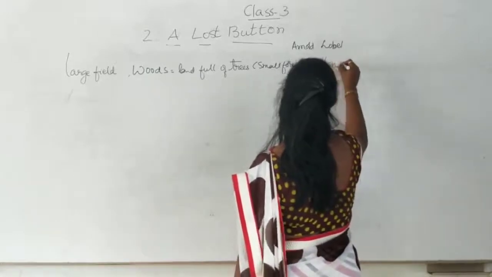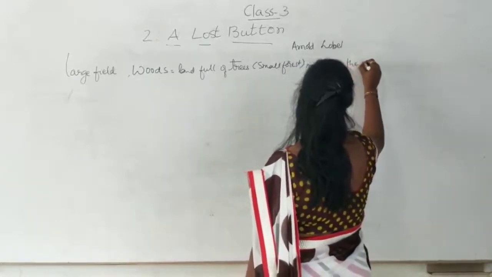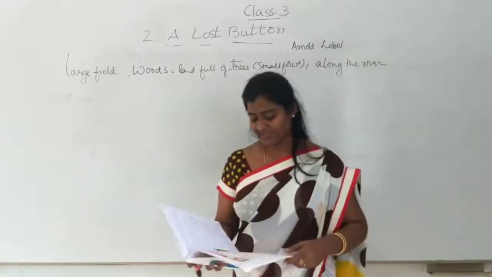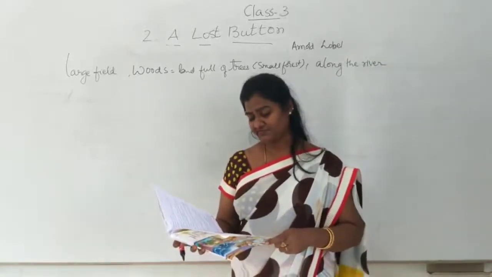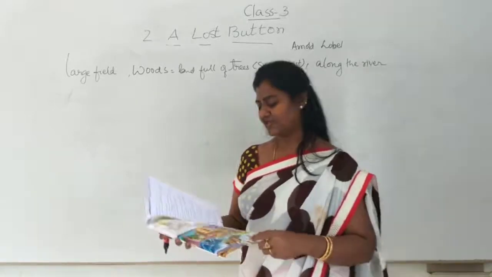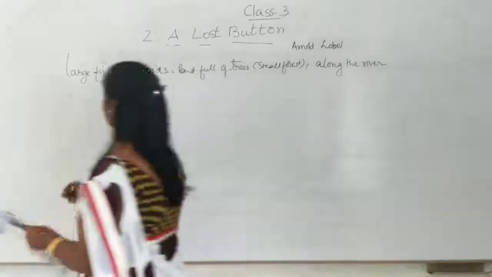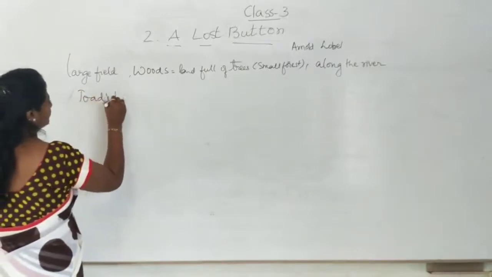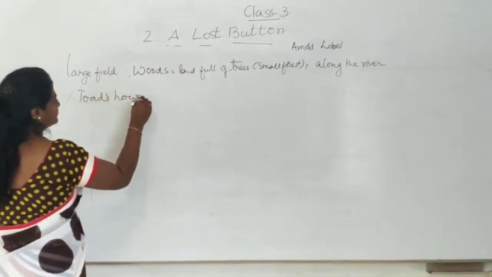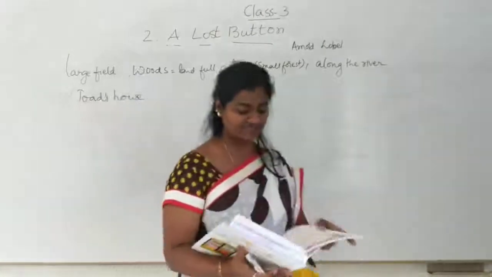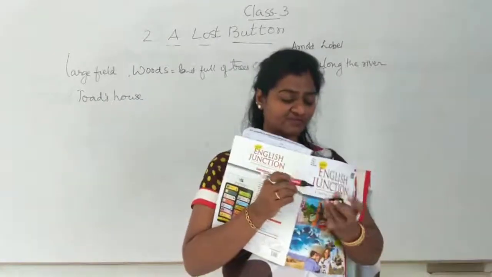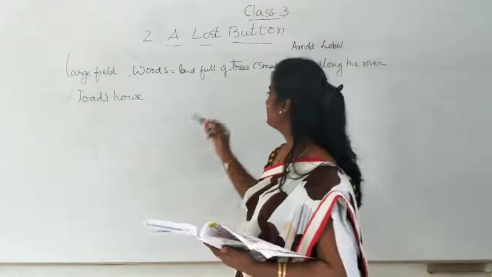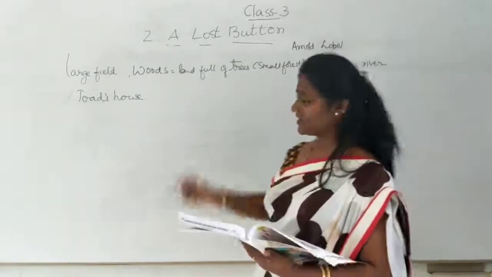You need to remember that, I am making sure you remember that. And then they came to Toad's house. This is the last place. So these are the 4 places they had traveled. Toad and Frog first walked into the large field, then woods and along the river, and Toad's house is the last.